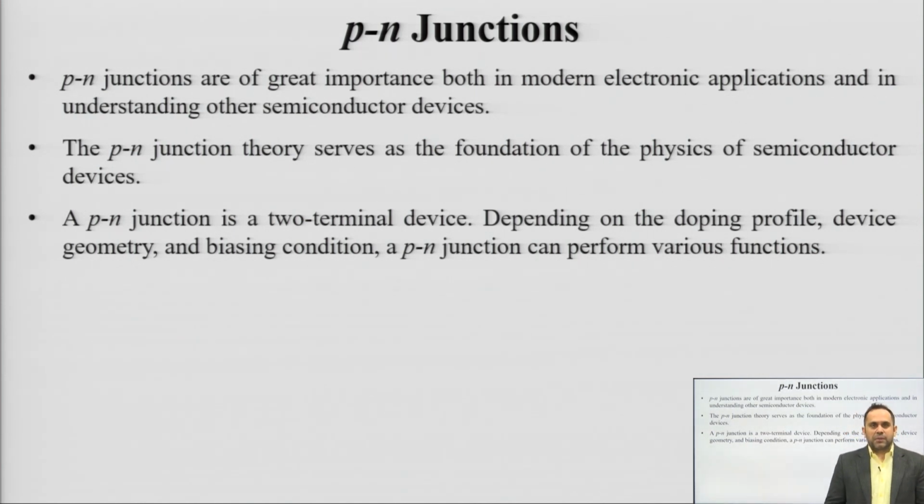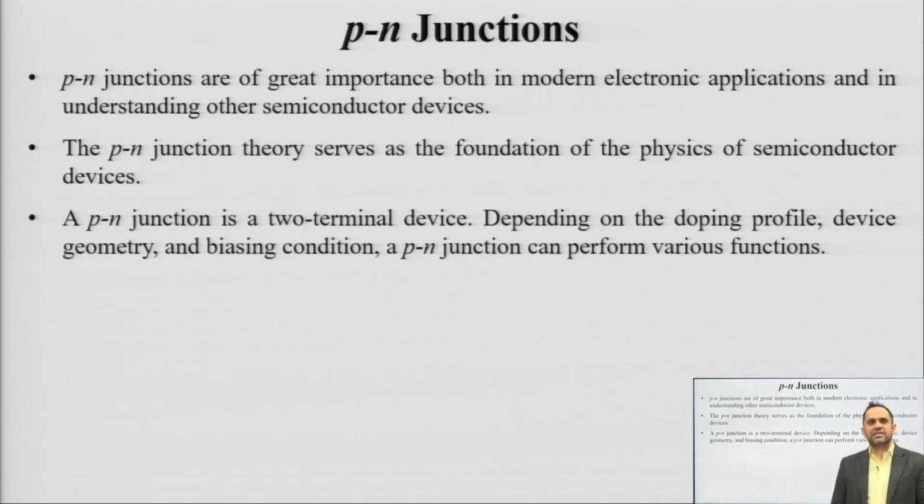But we should not limit our thinking and our analysis to only a p-n junction diode. We should analyze a p-n junction as a sort of circuit arrangement which might be present in almost every semiconductor device. Most of the modern electronic devices have at least one p-n junction included in their structure.